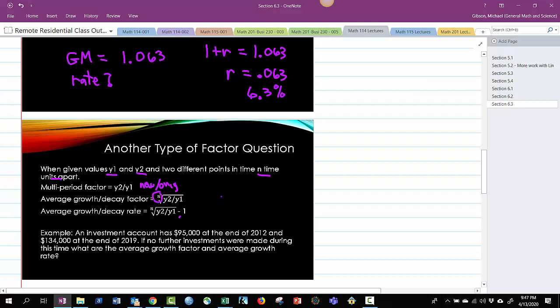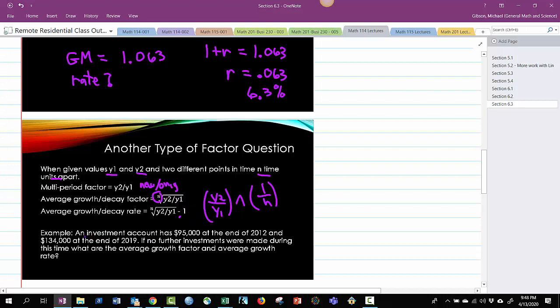If you don't have an nth root key on your calculator, you can put parentheses around it and raise it to the 1 over n power. This will get you the factor. If you want the rate, then when you're done, you got to subtract 1 off of it.